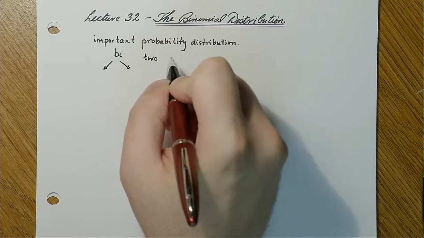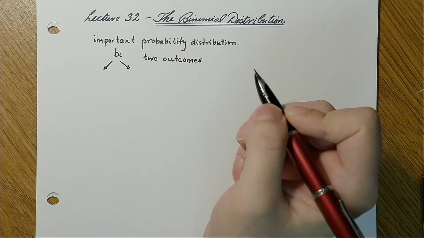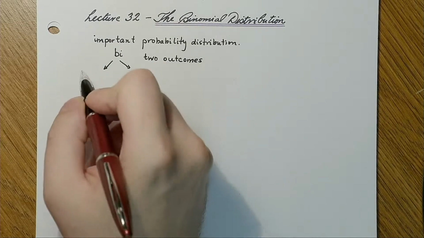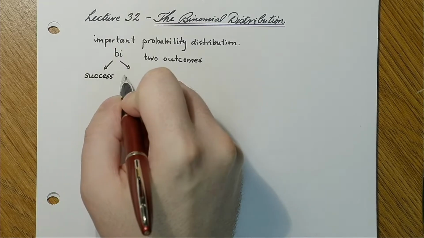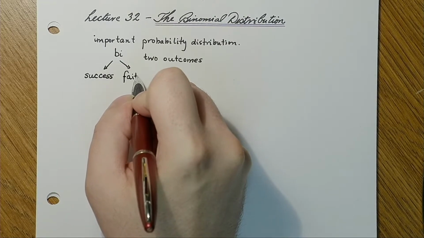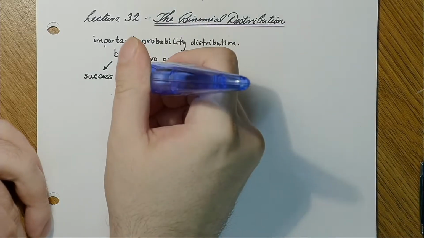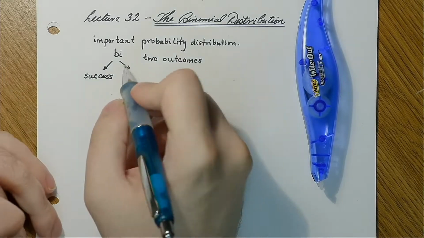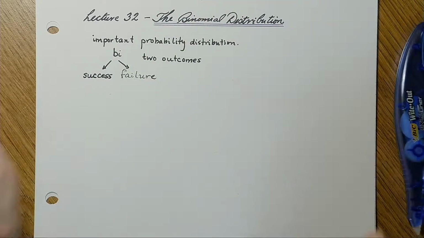And for this case, we usually have either a success or a failure. Oops, I don't want it as a T, it's a failure. I failed to write that correctly. Failure.